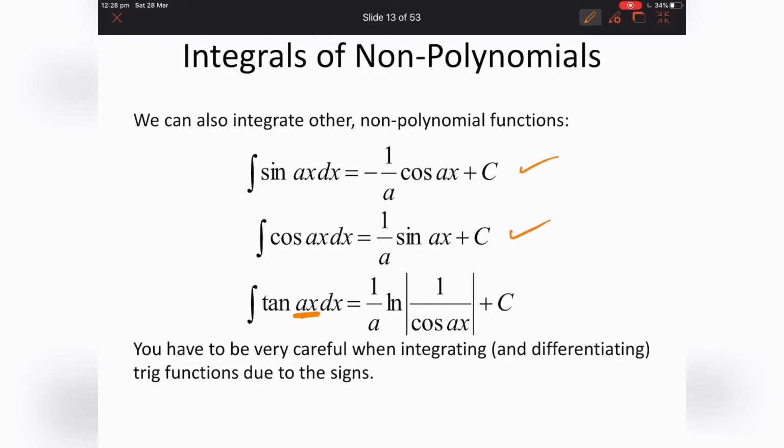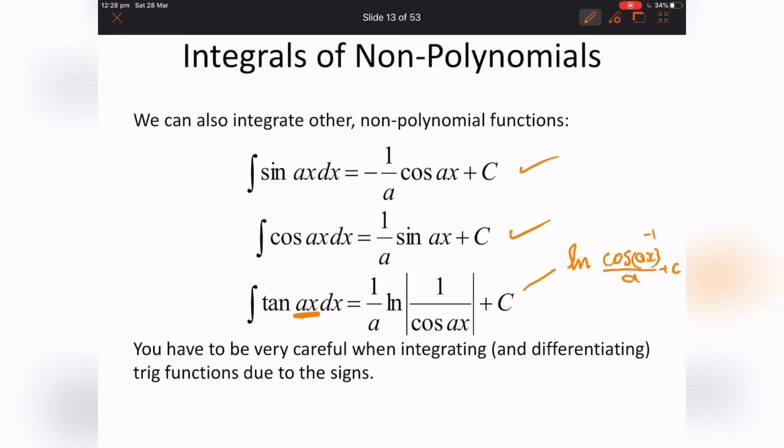Okay, so this can be written as exactly the same thing. We can write it as ln cosine inverse ax over a plus c.